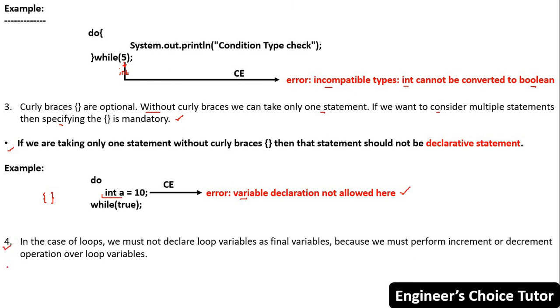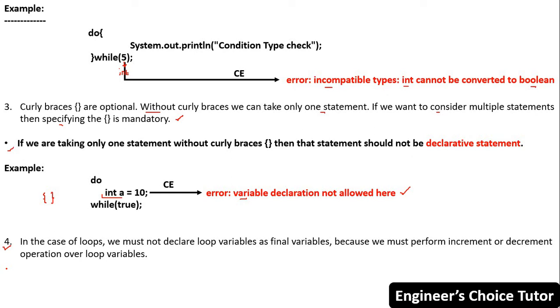So the fourth rule is, in case of loops, we generally declare loop variables, right? And we have to perform increment or decrement operation over loop variables so that at some point we will come out of the loop. So the point here is you can't declare loop variables as final variables.